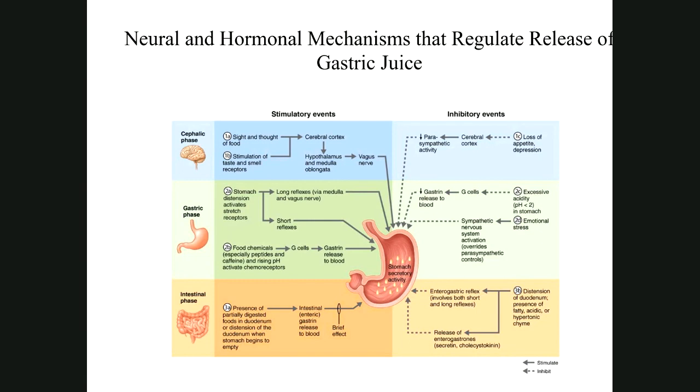For the enterogastrone, the duodenum's enteroendocrine cells release two important hormones that I told you, secretin and CCK.